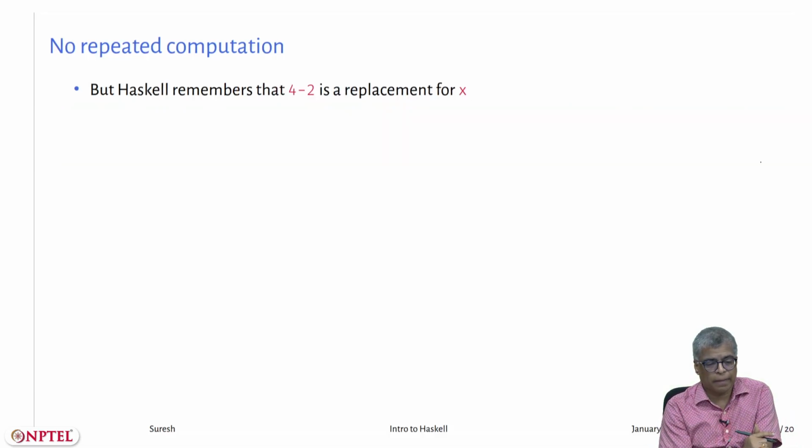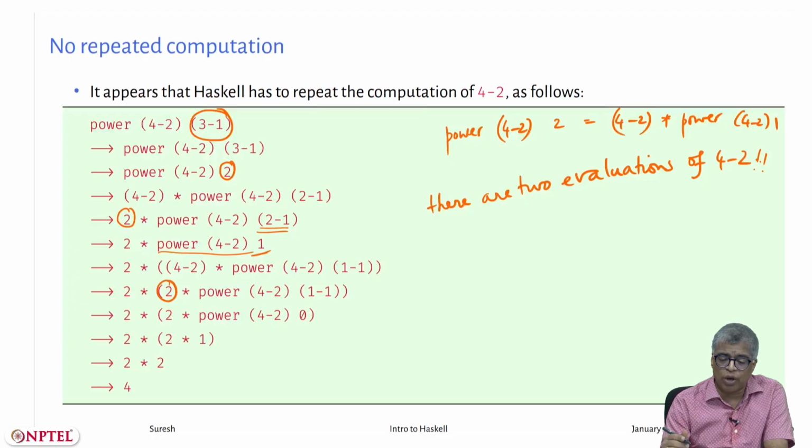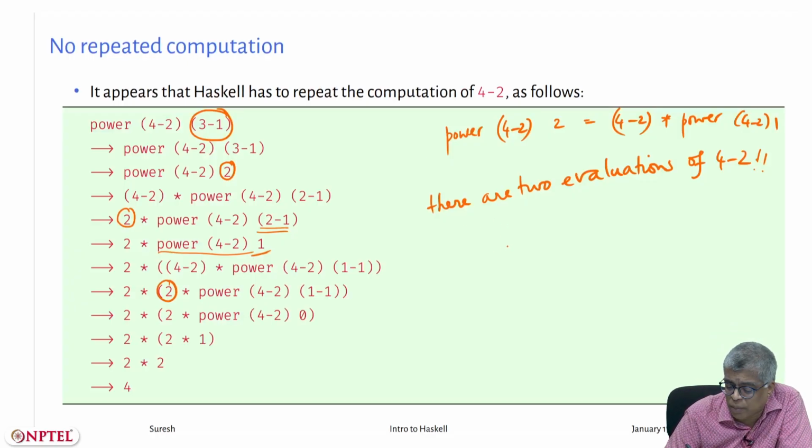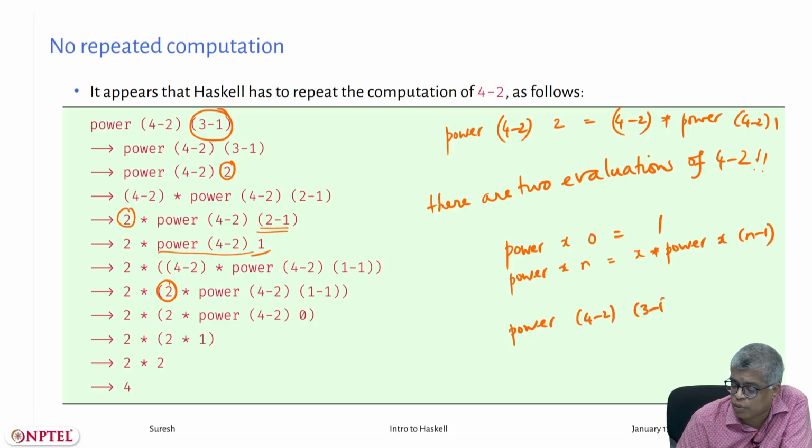But Haskell remembers that 4 - 2 is a replacement for x, because if you recall, your function is power x n, with power x 0 equals 1. When I make a call in GHCi or wherever, when I say power (4 - 2) (3 - 1), this 4 - 2 is x.